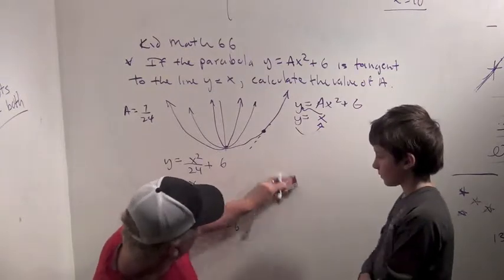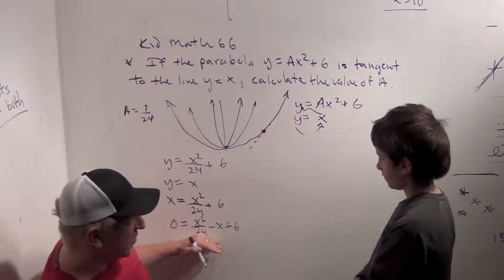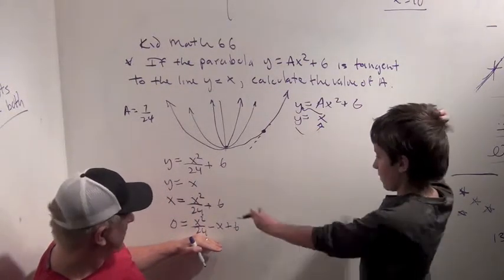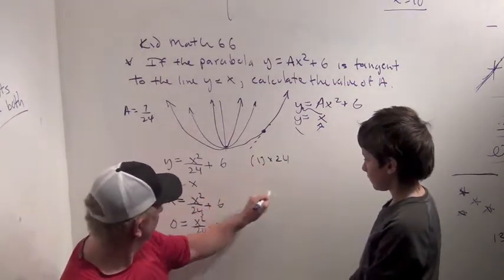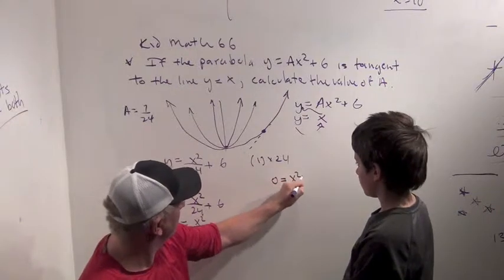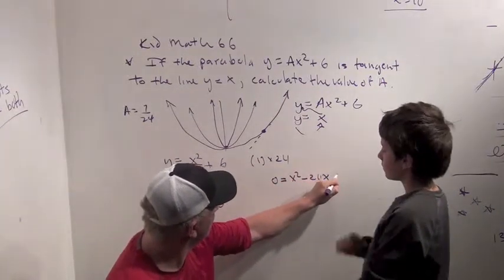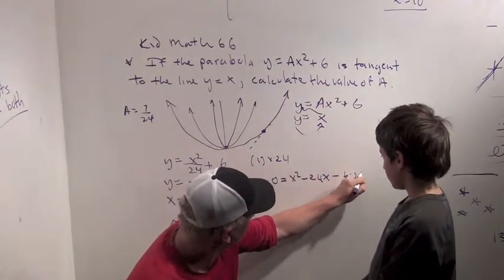To find the roots, it doesn't matter if you multiply both sides of the equation by 24, because it's still 0. So we multiply by 24, and we get 0 equals x squared minus 24x plus 6 times 24.